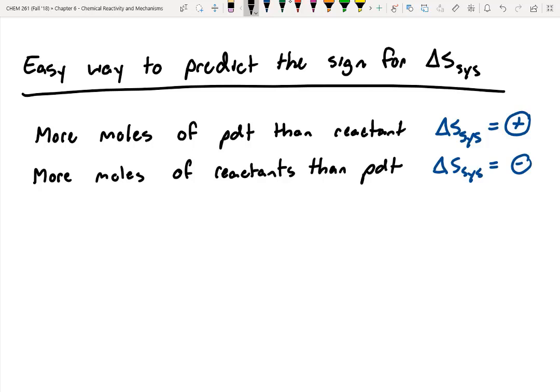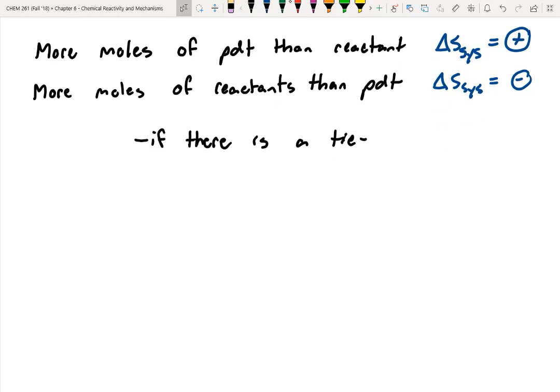If that's the case, you have to go to a tiebreaker rule. And the tiebreaker rule is pretty easy to remember. It has to do with freedom of motion. If you have more freedom of motion, meaning you can flail about wildly as a molecule, that means you're getting more chaotic, right?